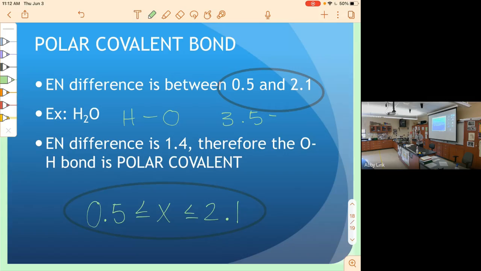So I do 3.5 minus 2.1, and I get 1.4. Boom. That's smack dab in the middle there, so that is definitely a polar covalent bond. Okay, questions or concerns? It's pretty straightforward, a nice, easy process to go through, I think.